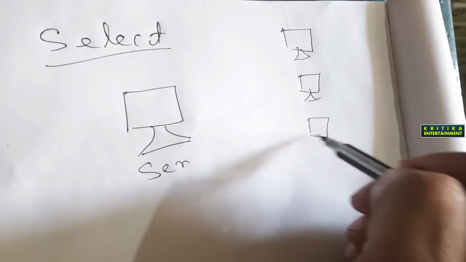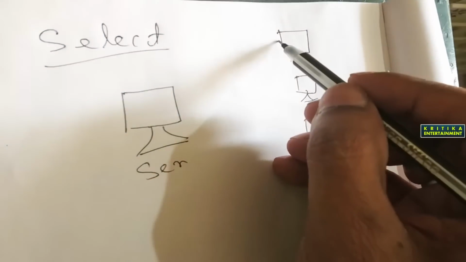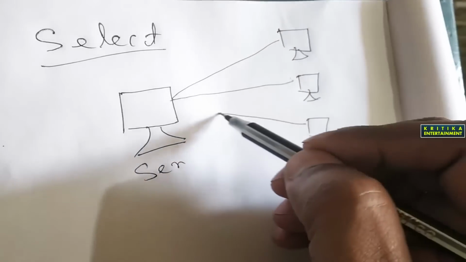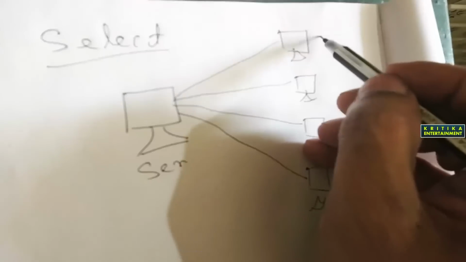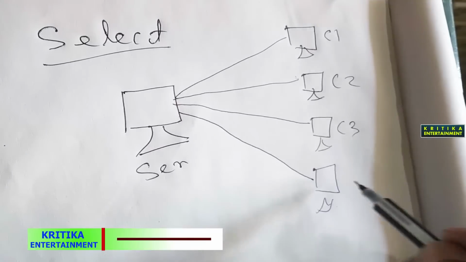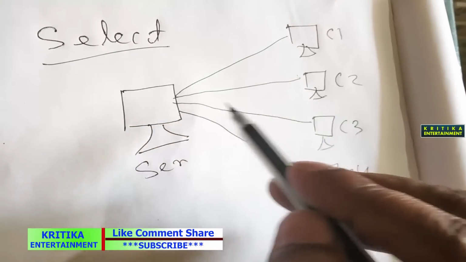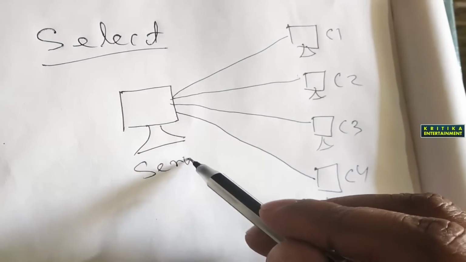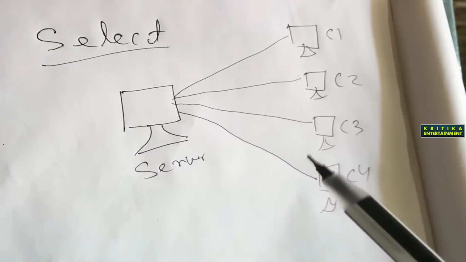They want to connect to the server simultaneously. This is client 1, this is client 2, this is client 3, this is client 4. When a number of FDs are connecting to the server, the server will create an FD list.